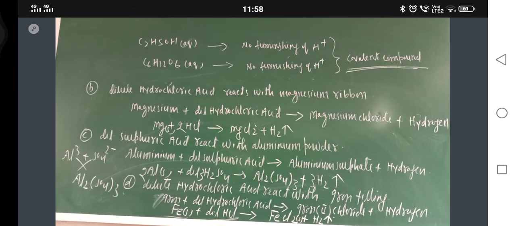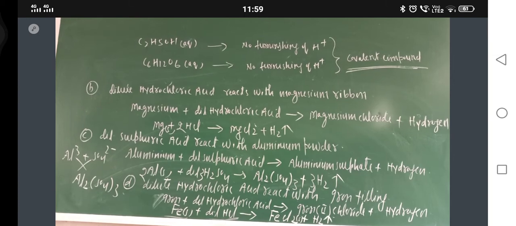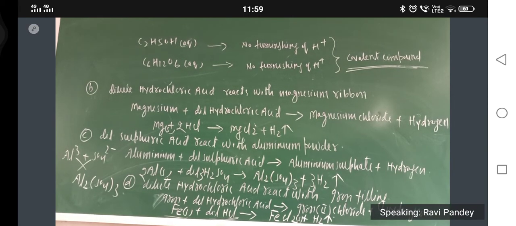Distilled means its ions have been removed, that is why it is called distilled water. So in distilled water, ions are not there. That is why it does not conduct electricity.